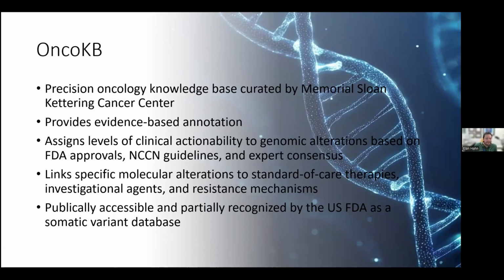Each variant is assigned a level of evidence, reflecting its predictive value for drug response, based on FDA and National Comprehensive Cancer Network, or NCCN, guidelines and the literature. It's really nice for looking at specific links between molecular changes and therapies.